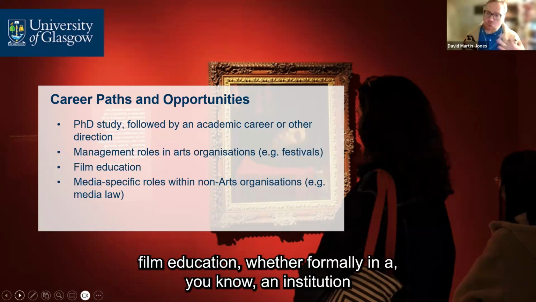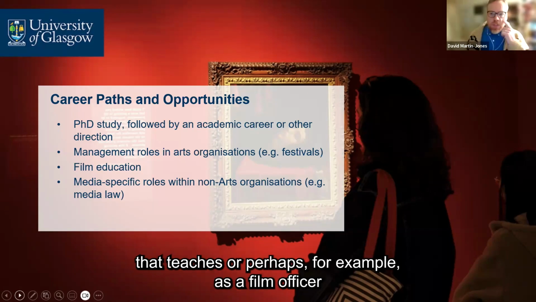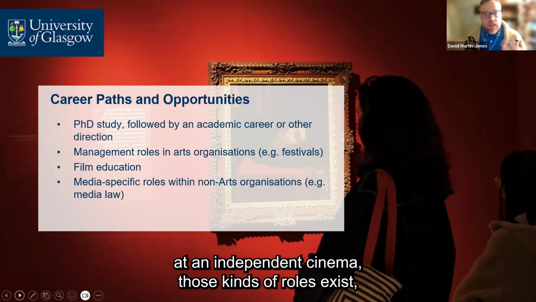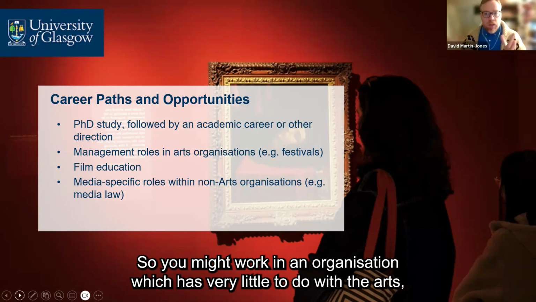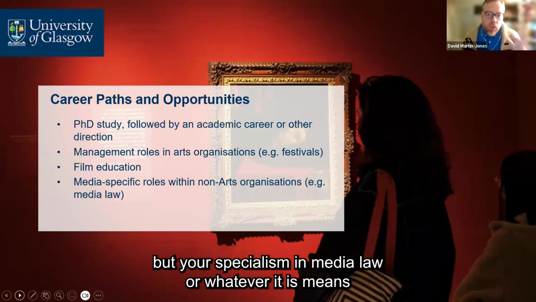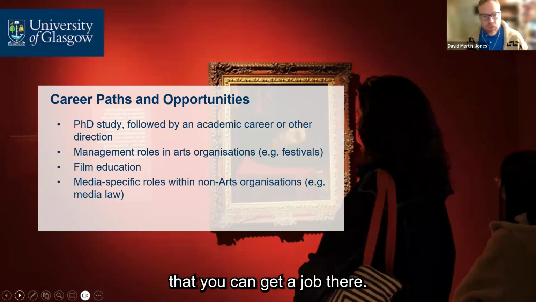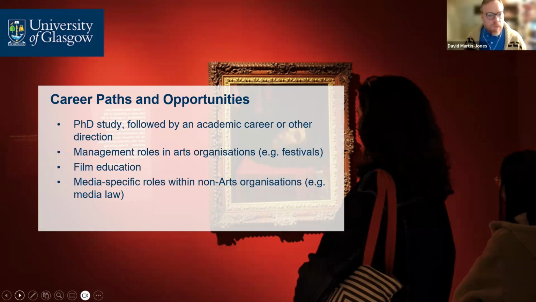Film education, whether formally in an institution that teaches, or perhaps, for example, as a film officer at an independent cinema, those kinds of roles exist. And again, media-specific roles with non-arts organizations. So you might work in an organization which has very little to do with the arts, but your specialism in media law or whatever it is means that you can get a job there.